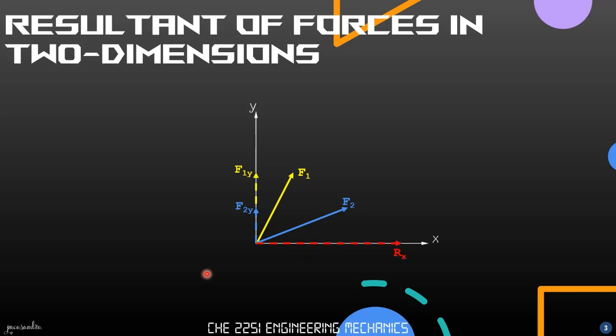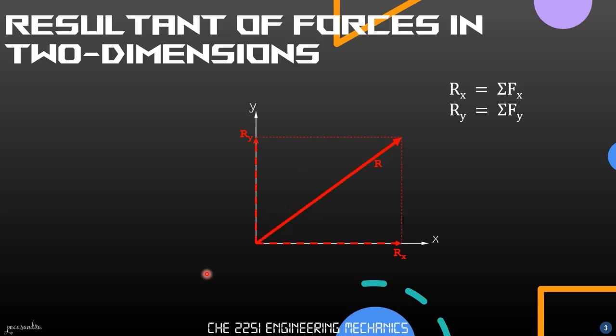We will have Rx, which is equivalent to the sum of the forces acting along X, and we will have Ry, which is equivalent to the sum of the forces along Y. Once we have the values of the sums for each X and Y component, we can arrive at your resultant, which can be computed as the square root of Rx squared plus Ry squared.